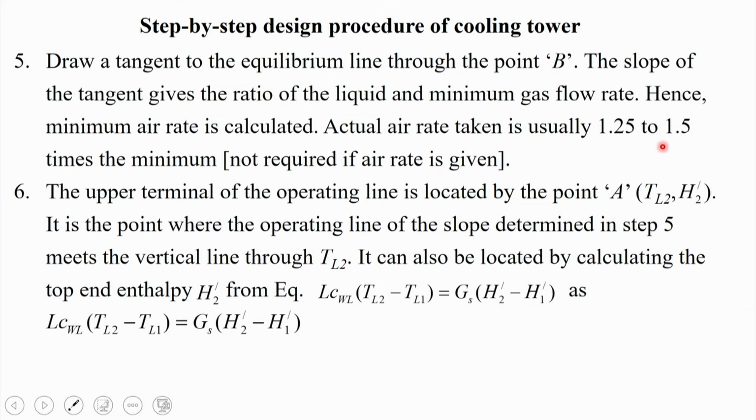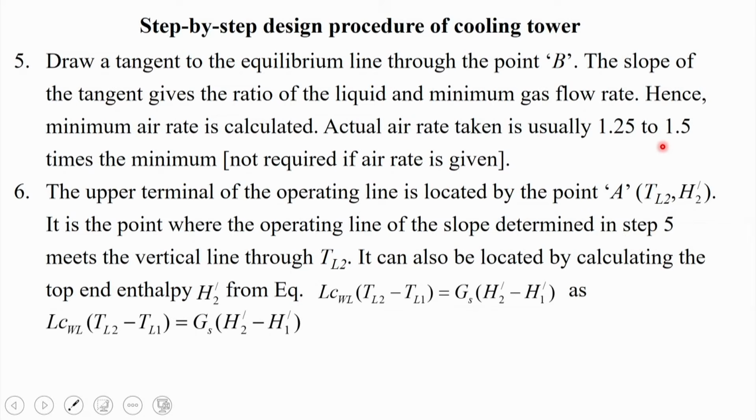The slope of the tangent gives the ratio of the liquid to minimum gas flow rate. Hence the minimum air rate is calculated, but the actual air rate is usually taken as 1.25 to 1.5 times the minimum. If it is already supplied by the manufacturer or vendor, then this is not required.